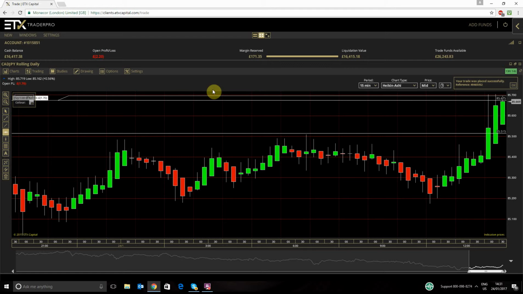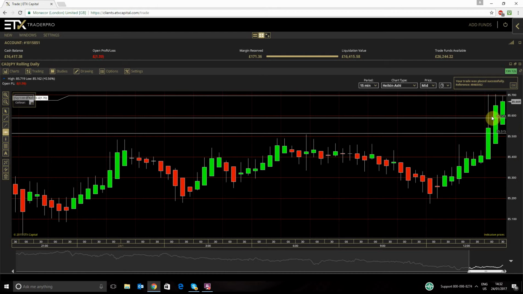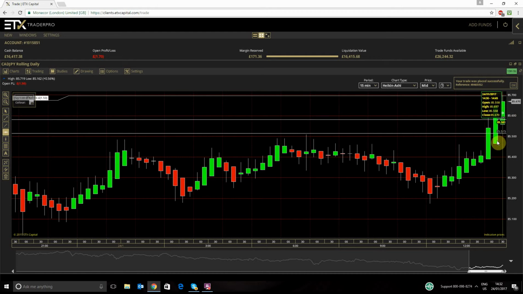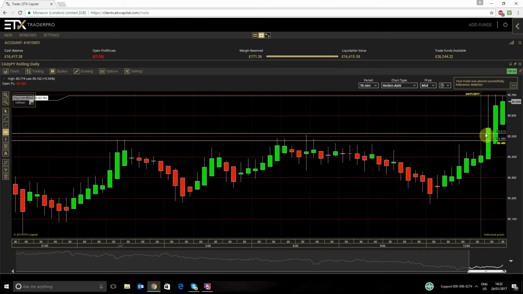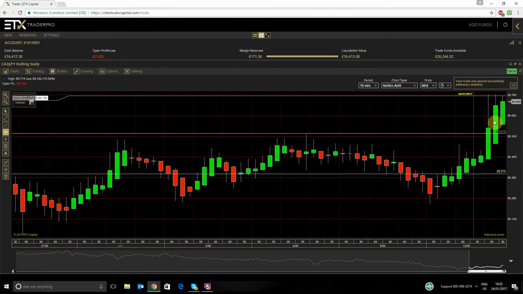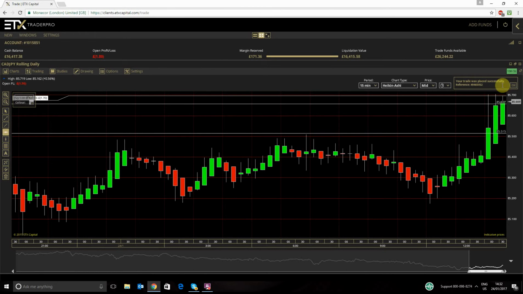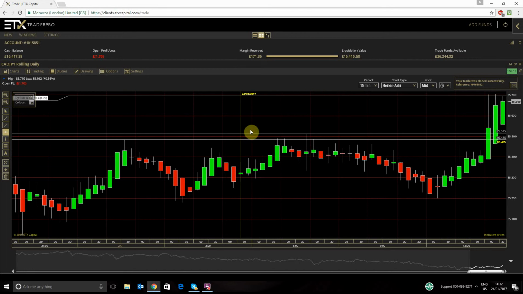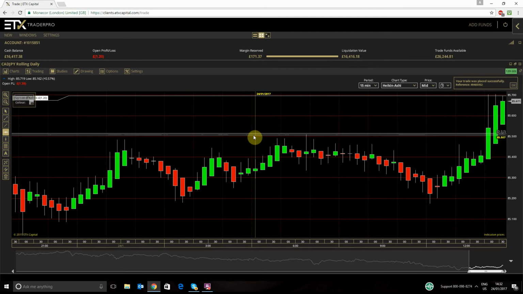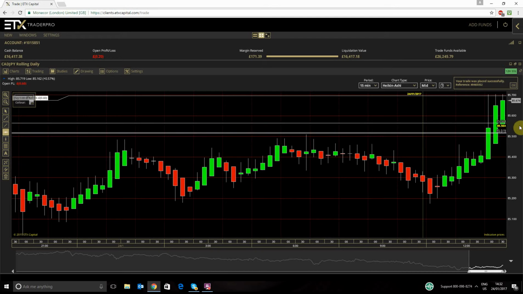I got in on the 15-minute chart based on this series of green candles, which is the bullish candle going up. It has broken this resistance, which I've drawn here. And anything breaking any barrier, that is where you want to be.